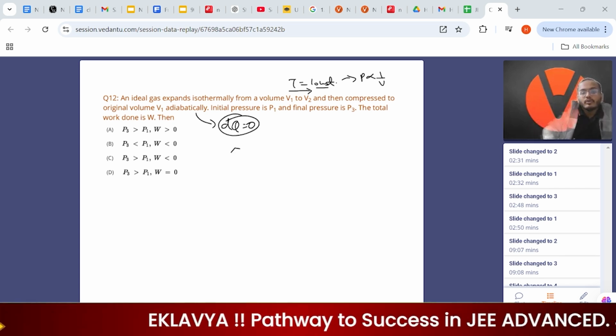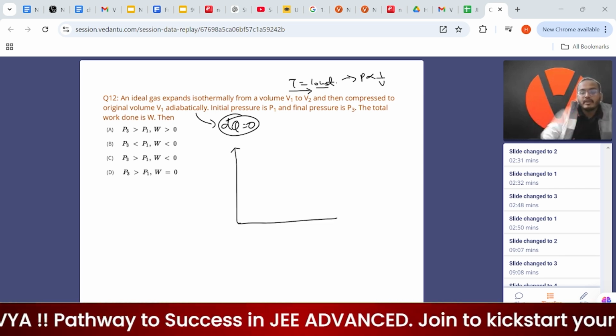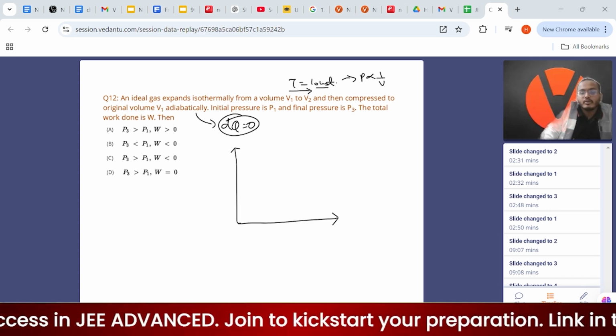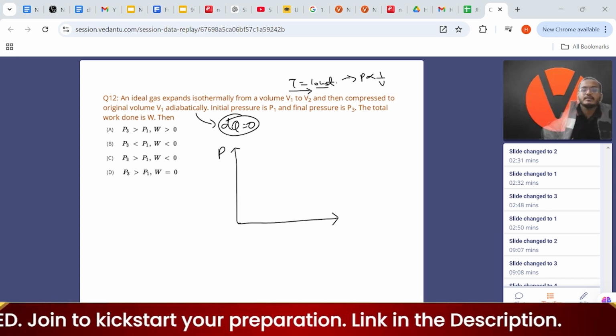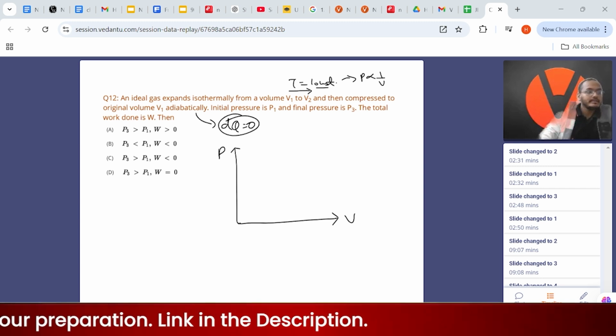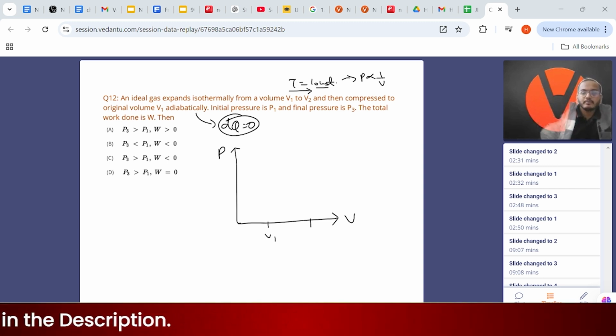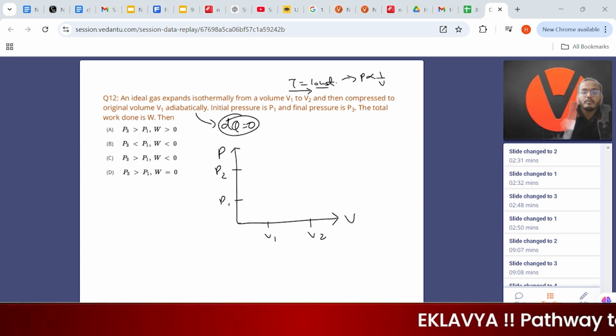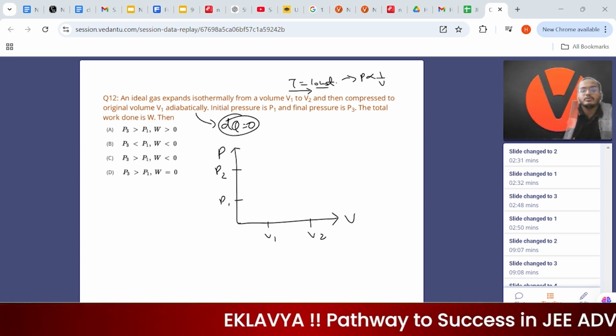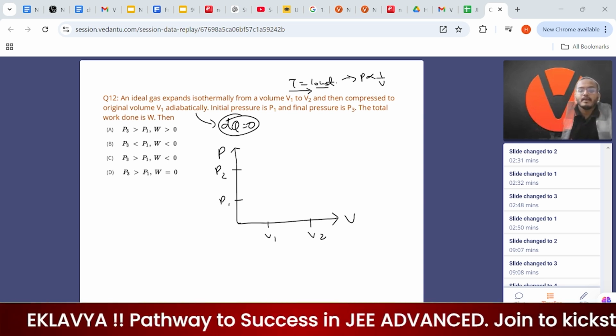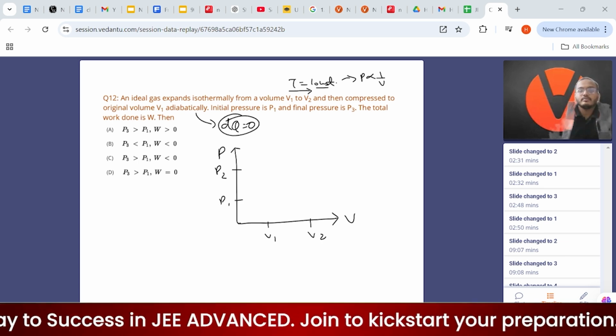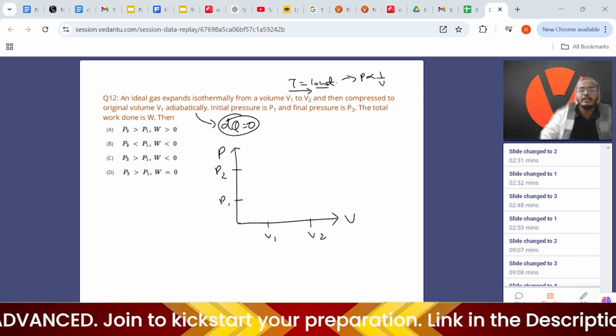Now, using the graph of PV. Let's say this is P, and this is V1, V2, P1 and P2. Now, they are saying that we don't know whether initially pressure was P1.